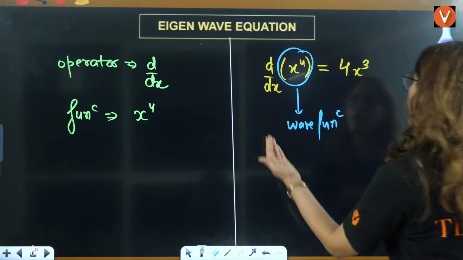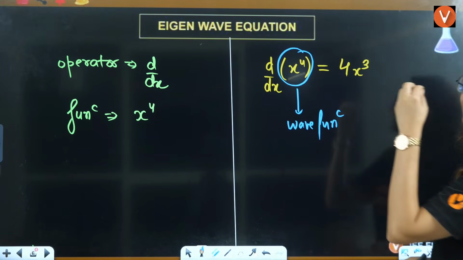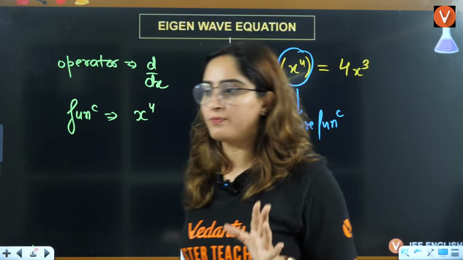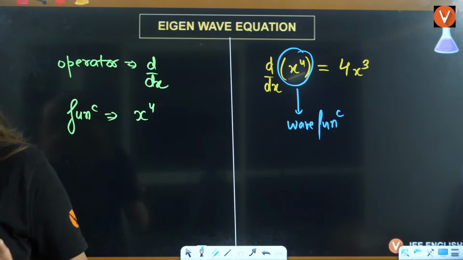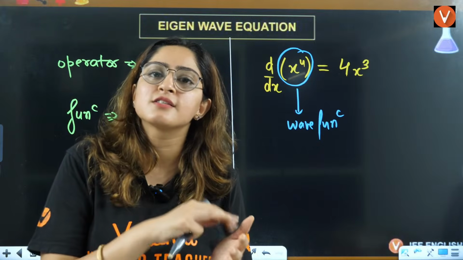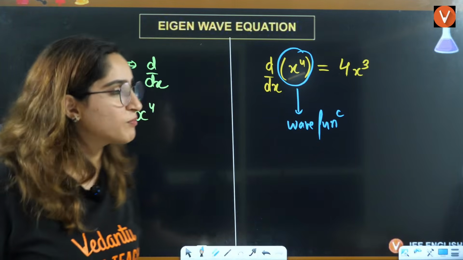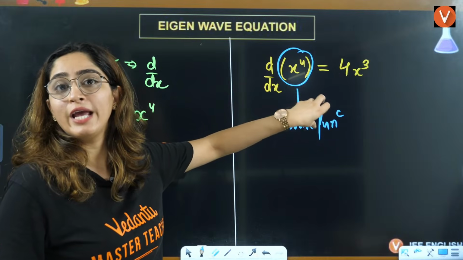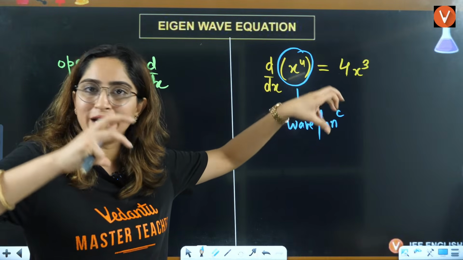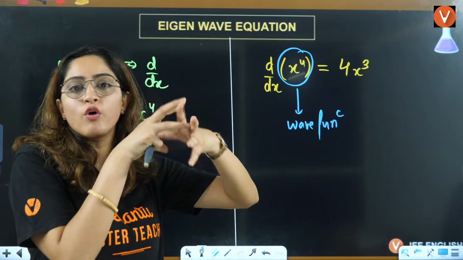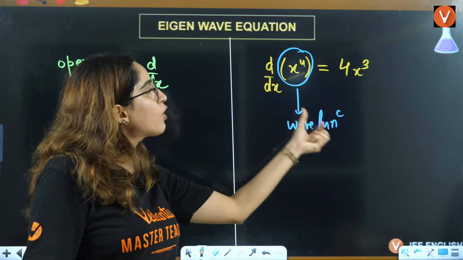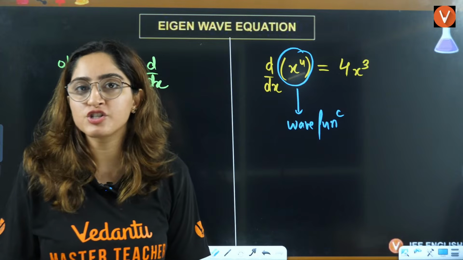We can't see on the product side anywhere x raised to power 4. That means the person is dead, right? That means the wave function that we have sent to the operator, this was the operator, this is the wave function. When operator works on the wave function, you are not getting back your wave function.